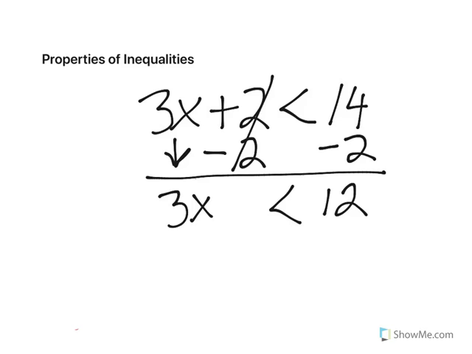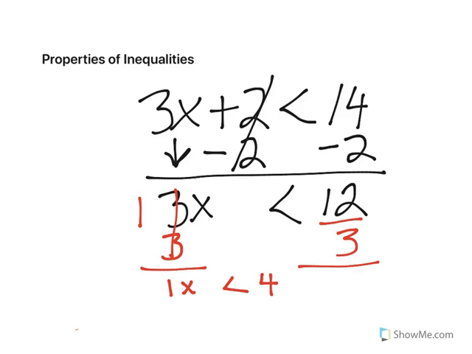But I still have something in front of the x, not 1. So I want to divide that by 3, and so I have to divide this by 3. So 3 divided by 3 is 1, so I get 1x is less than 12 divided by 3, which is 4.